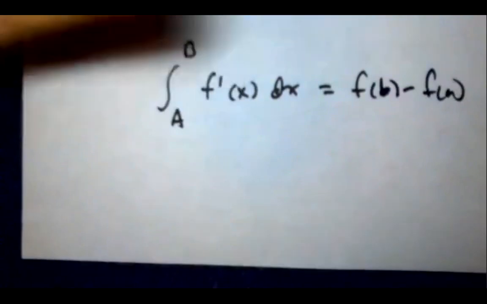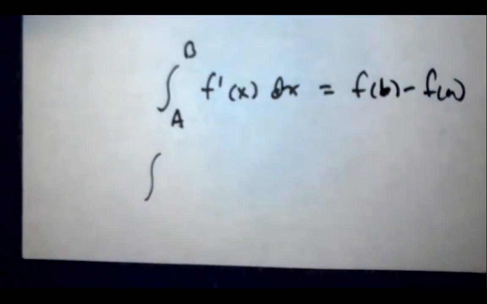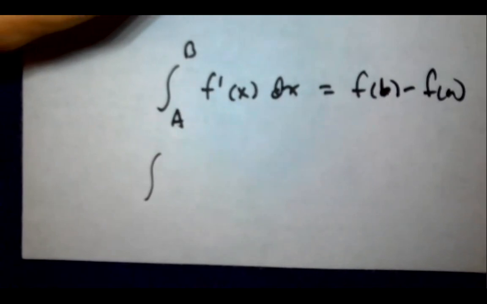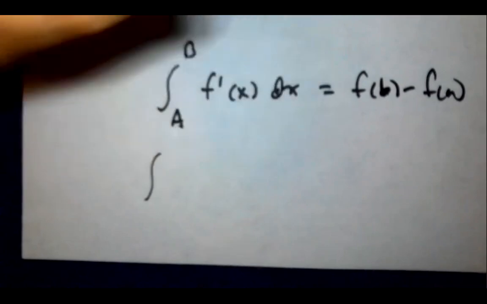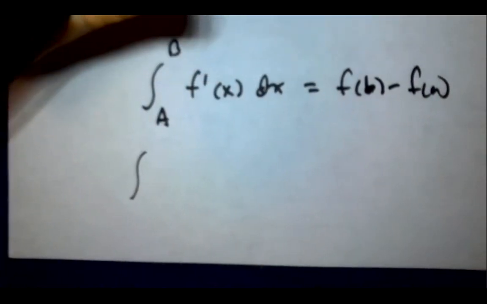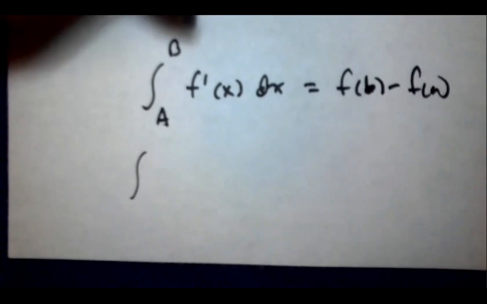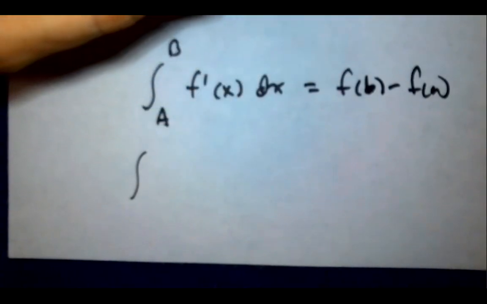Another way this problem can happen is, what if we're not talking about f prime and f? What other two functions would come into your mind that would be very likely to fit this pattern? Think. Instead of f prime and f, what else could we call them?